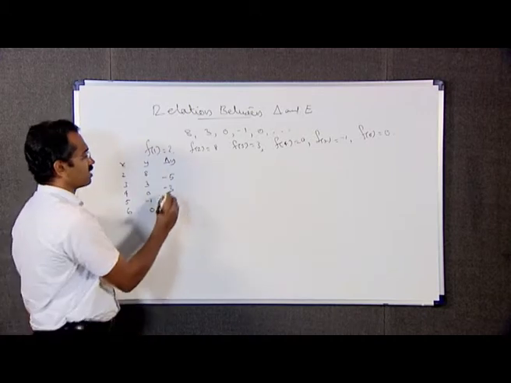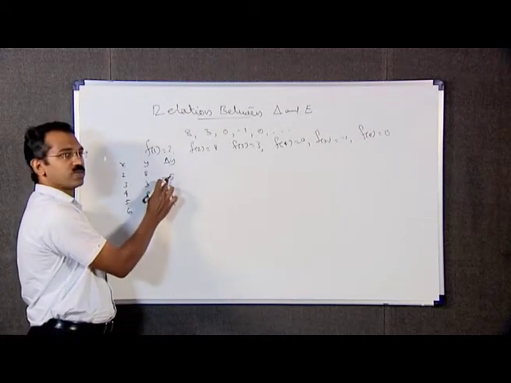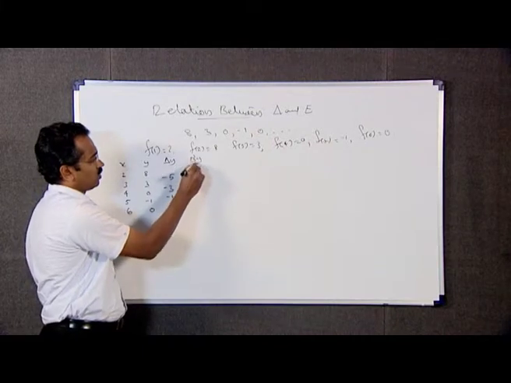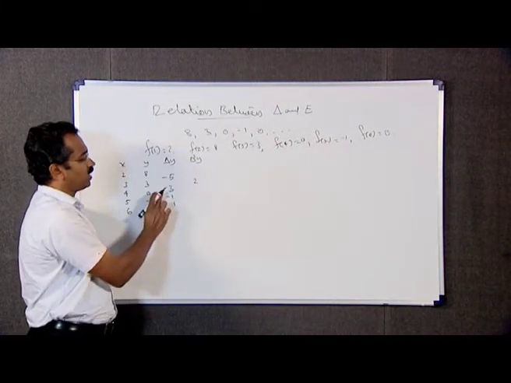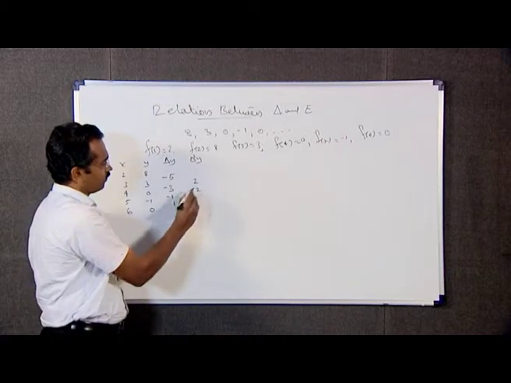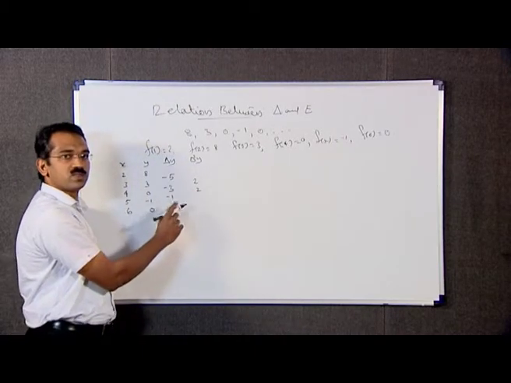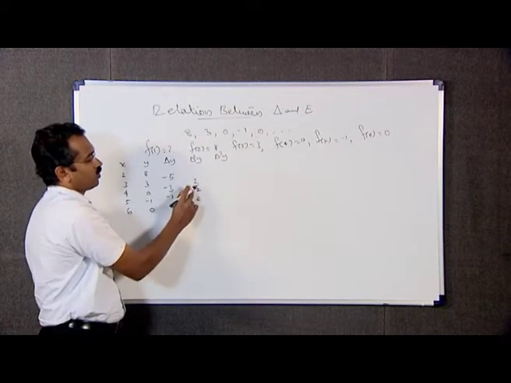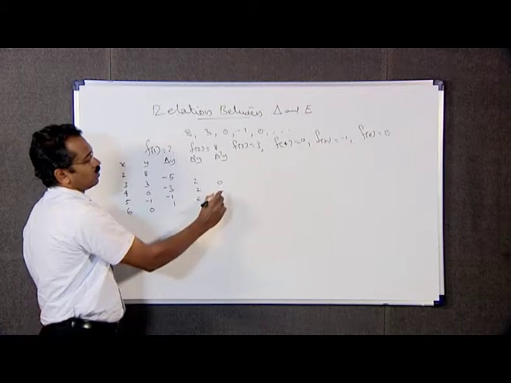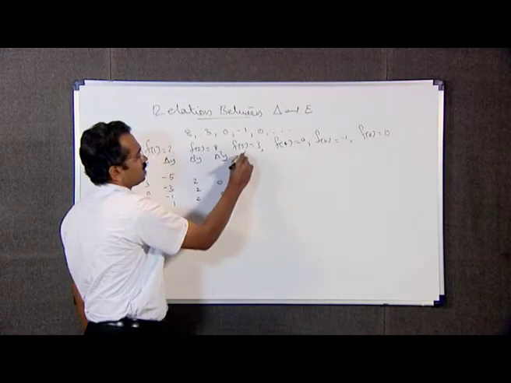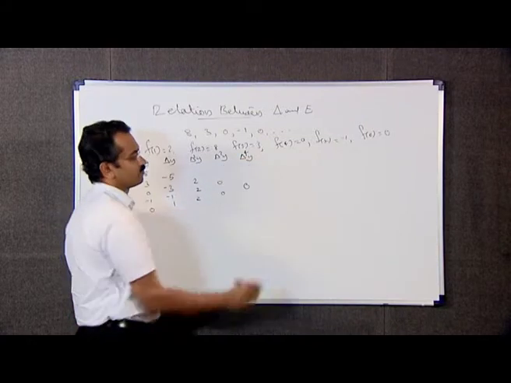The second differences are minus 3 minus minus 5, that is 2, minus 1 minus minus 3, that is 2, 1 minus minus 1 is 2. The third differences are 2 minus 2 is 0, 2 minus 2 is 0 and the fourth difference is 0.